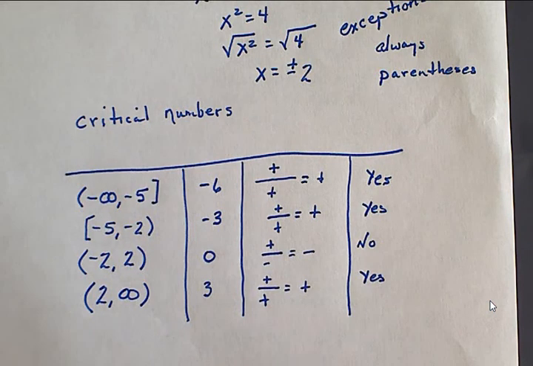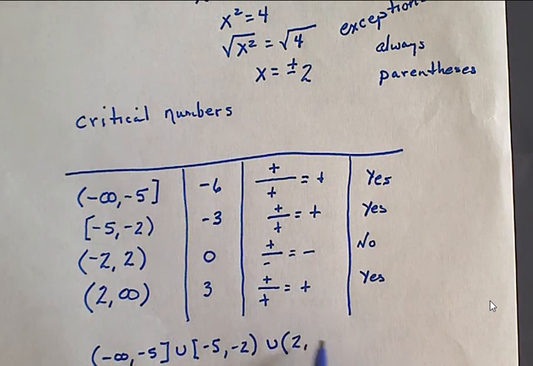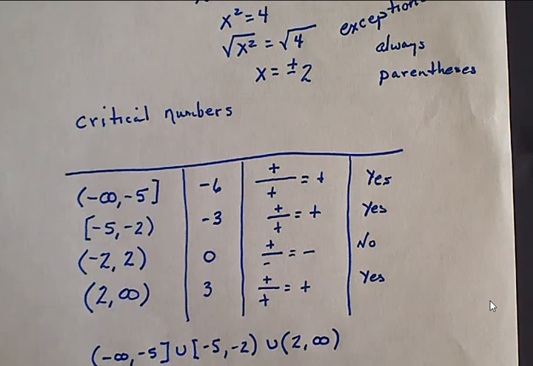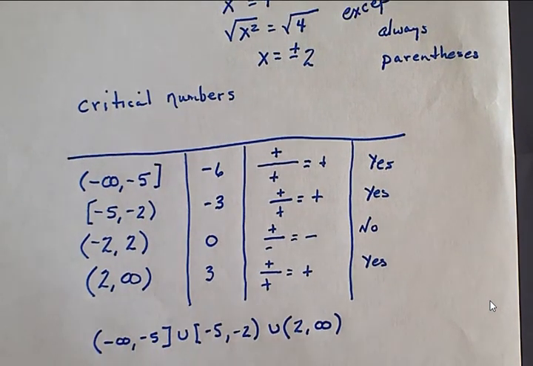Now, look at all of the yeses that I got. So that means I want to go from negative infinity to negative 5, bracket, union, bracket, negative 5 to negative 2, parenthesis, union, parenthesis, 2 to positive infinity. Kind of a big solution set there. But here's the other thing I wanted to note. Notice the first two quantities.